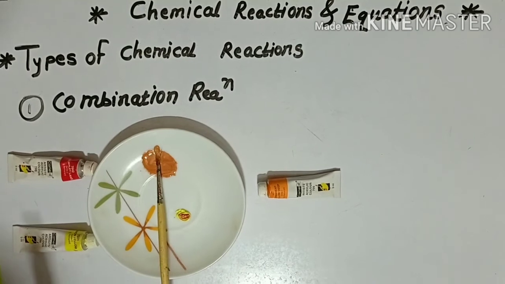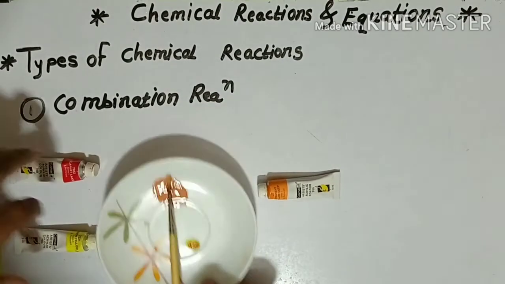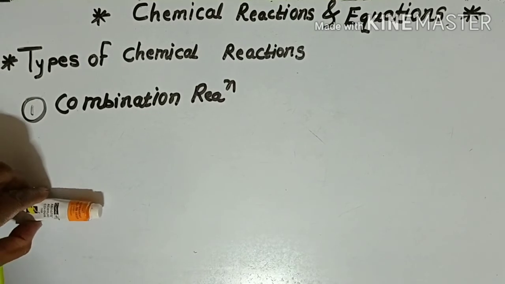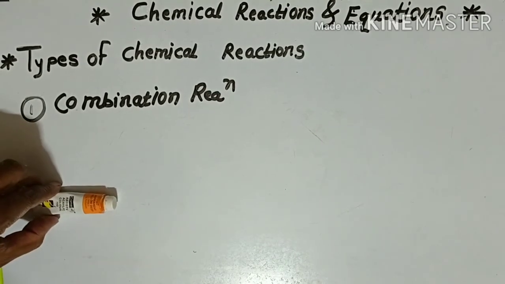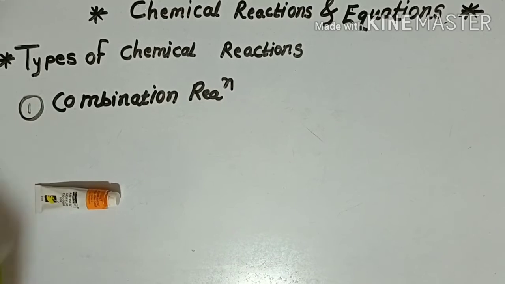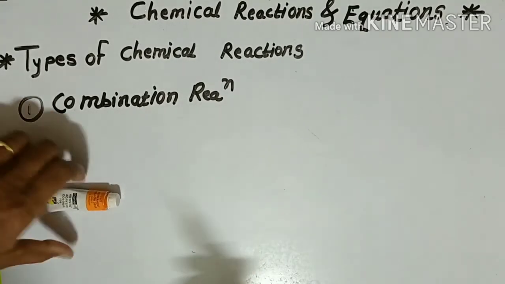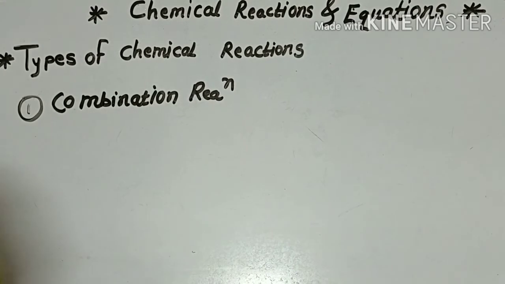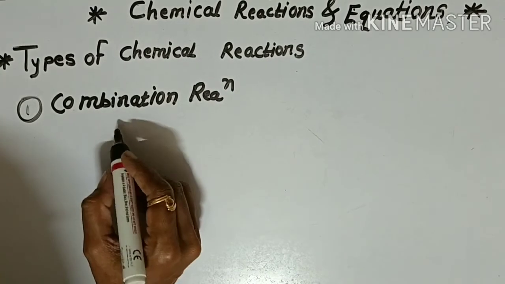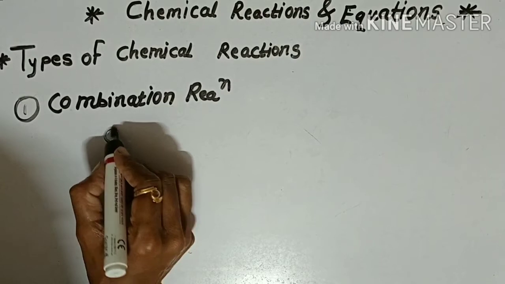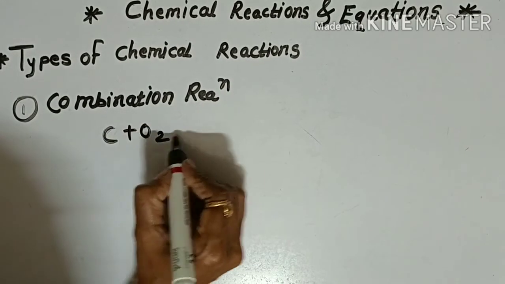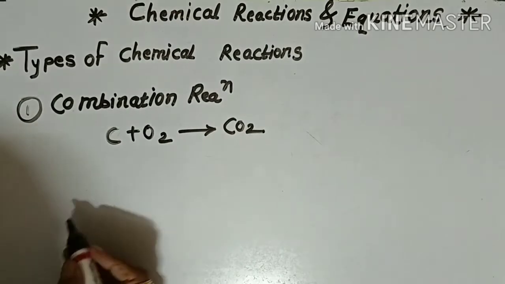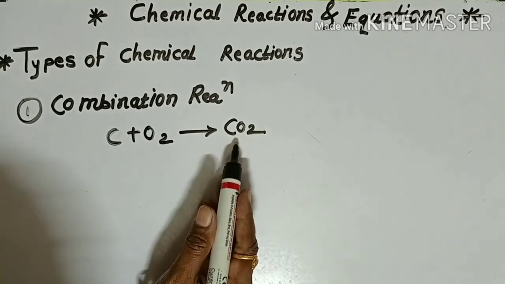Now see here, we will see another example. C plus O2 gives CO2, carbon dioxide: two reactants, one product.